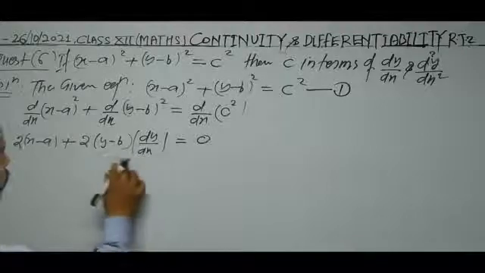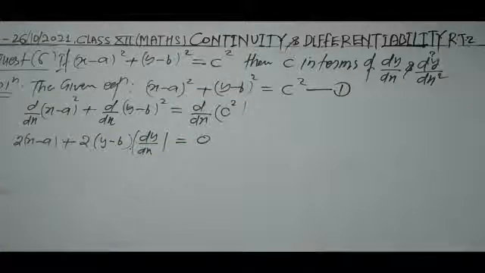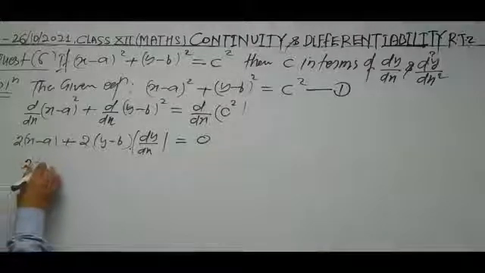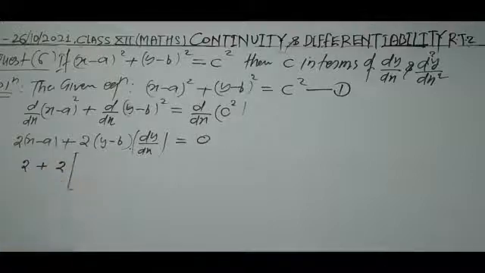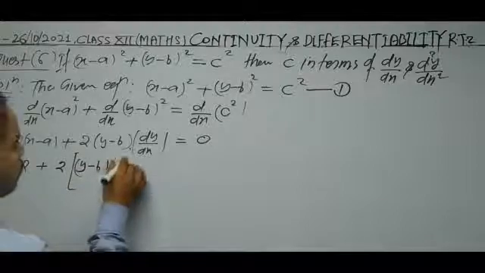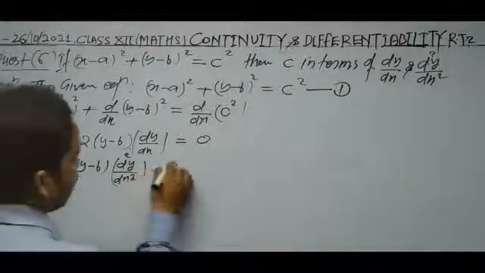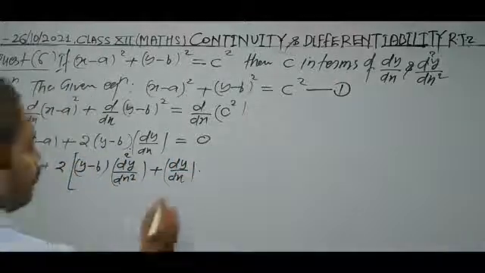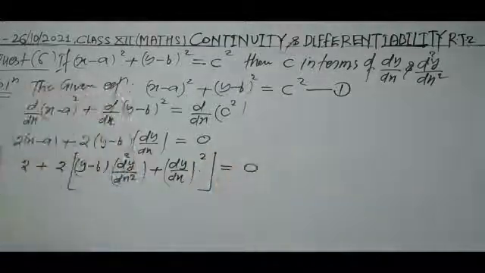This will be differentiated using the product rule, and this will be differentiated with respect to x. So the result will be 2 plus 2 times, in bracket, first function into derivative of second function, that means d2y by dx2, plus second function into d by dx of y minus b, the result will be dy by dx whole square. This is equal to 0.